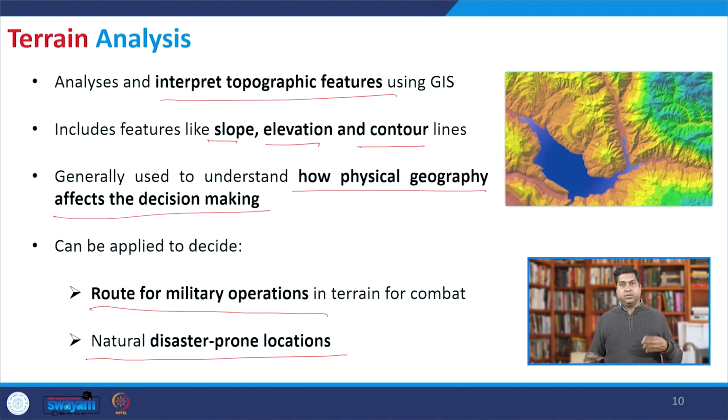Landslides are both natural and man-made disasters happening in those locations. So once we identify the vulnerable locations, accordingly we can have certain restrictions or regulations on the functions in those areas.